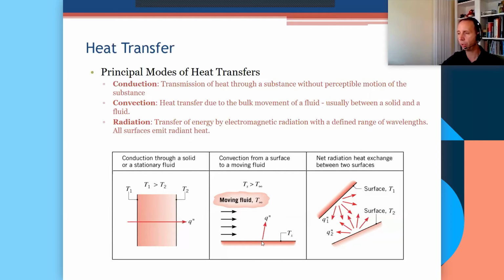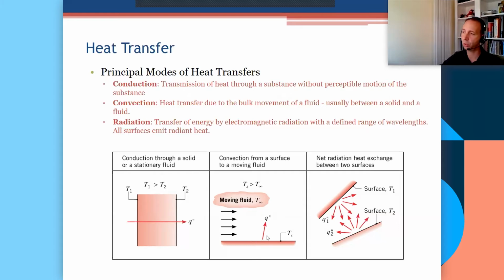Convection also happens when you have an area in your physical domain which is at a different temperature than the other one. But in that case, what you need to have in order to get convection is a fluid which interacts with a solid surface. So the heat transfer happens between the surface and the fluid, and the direction of heat flow, which is shown here by the red arrow going from the surface to the fluid, will depend on which part of the domain is at a higher temperature.